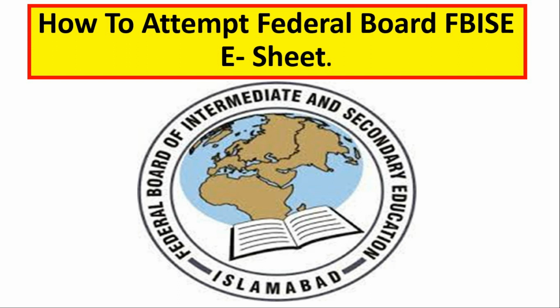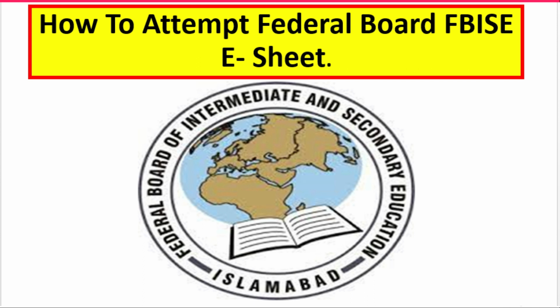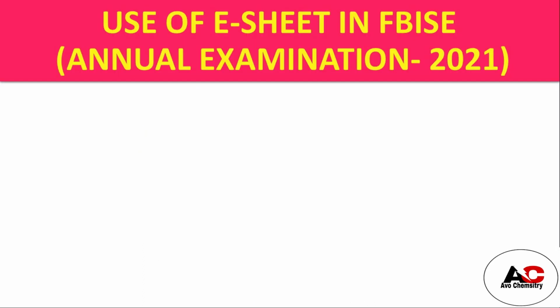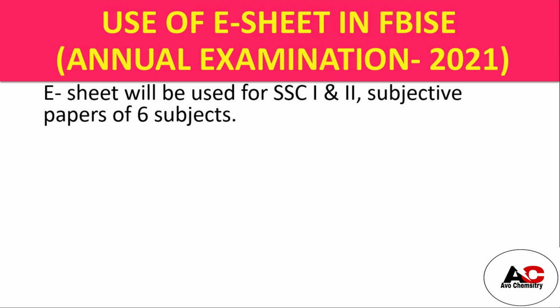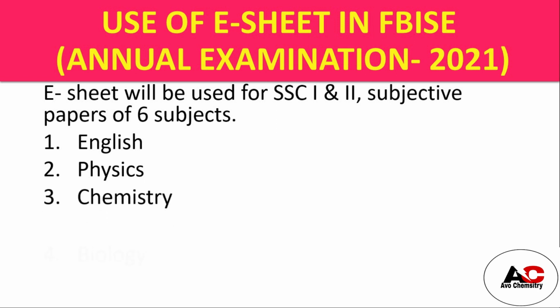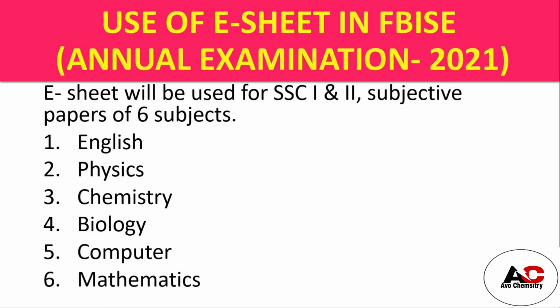How to attempt federal board SBISC E-SHEET. Use of E-SHEET in SBISC Annual Examination 2021. E-SHEET will be used for SSC 1 and 2 subjective paper of 6 subjects: English, Physics, Chemistry, Biology, Computer and Mathematics.